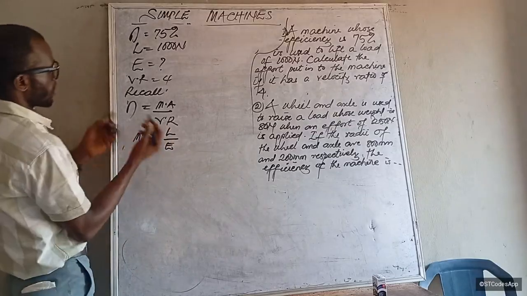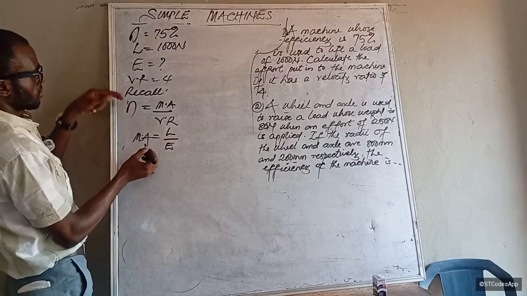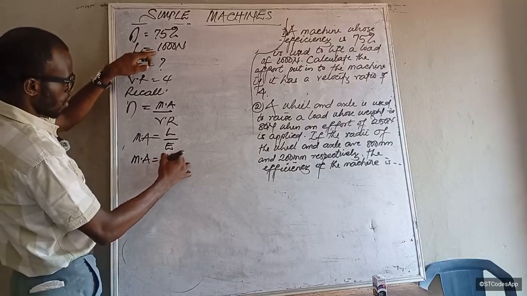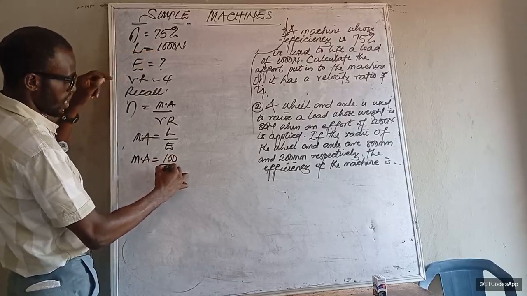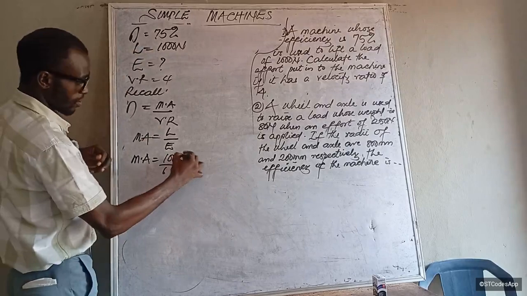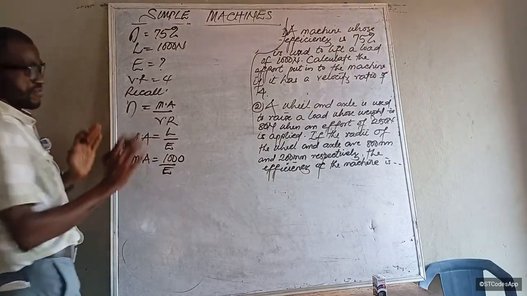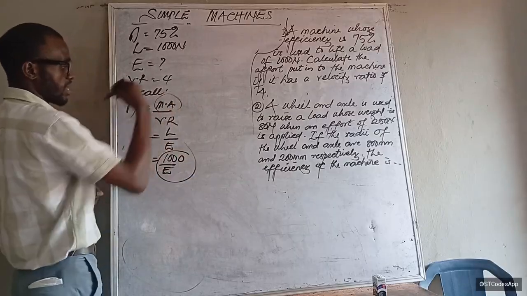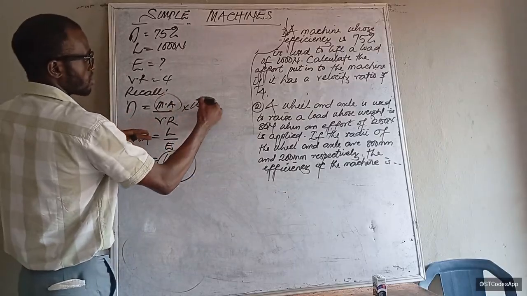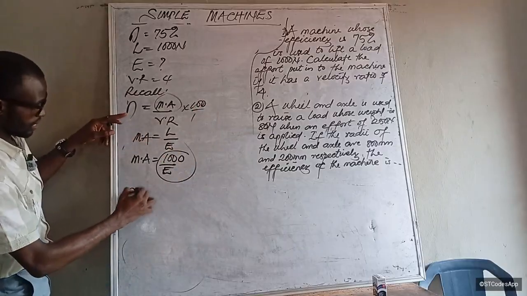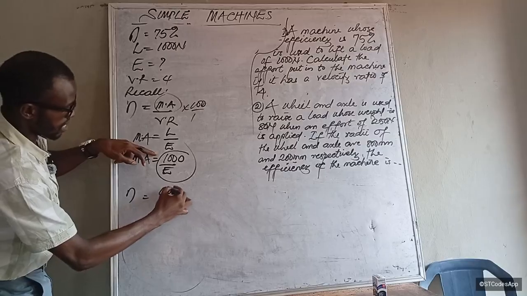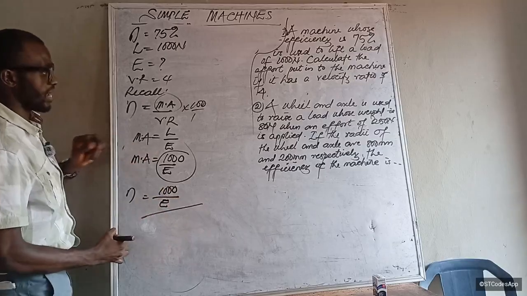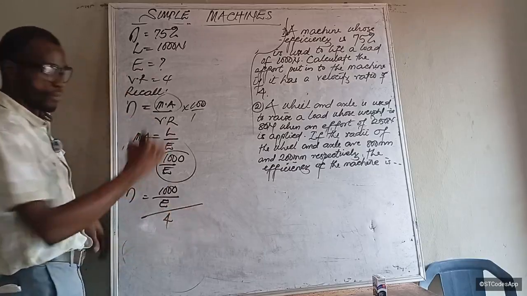So efficiency is equal to 1000 over E, divided by VR, which is 4, times 100 over 1.